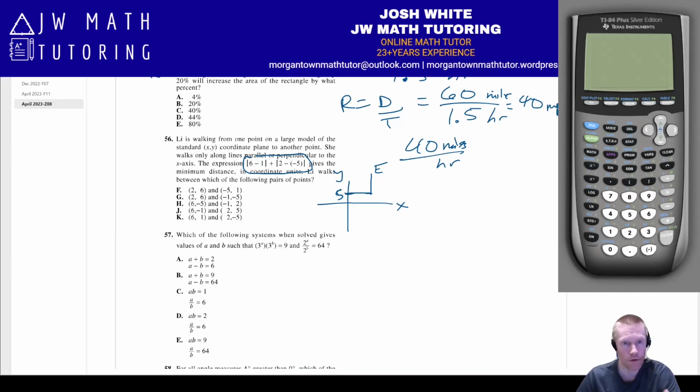So what we're looking for here is, in this first absolute value expression, where we're subtracting these two values, these have to both be of the same coordinate. So they either must both be x's or they must both be y coordinates.